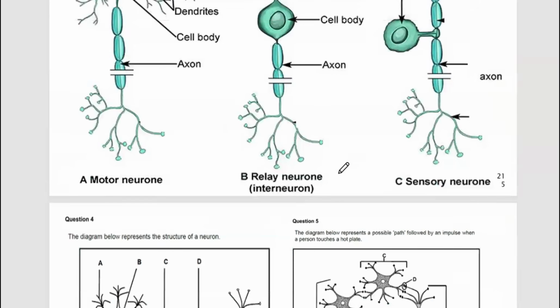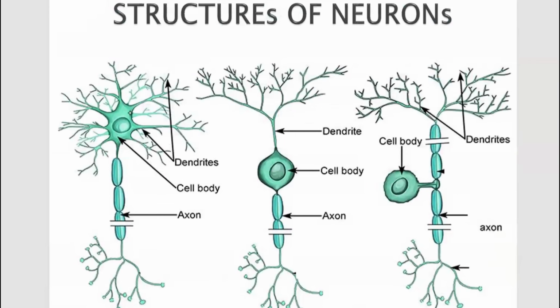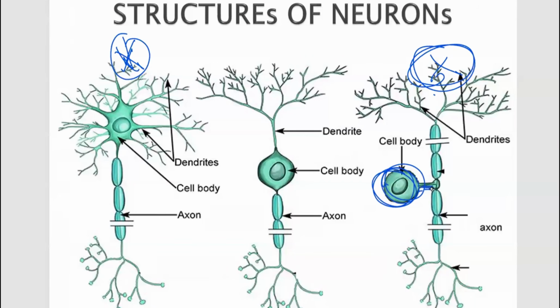Or interneuron or sensory neuron. But in most cases, we bring the motor neuron or the sensory neuron. And the major difference between the two is that in the sensory neuron, the cell body is along the neuron, while here it is at the terminal. You see, it's at the terminal. It's not along the neuron. So while here, it's along the neuron.